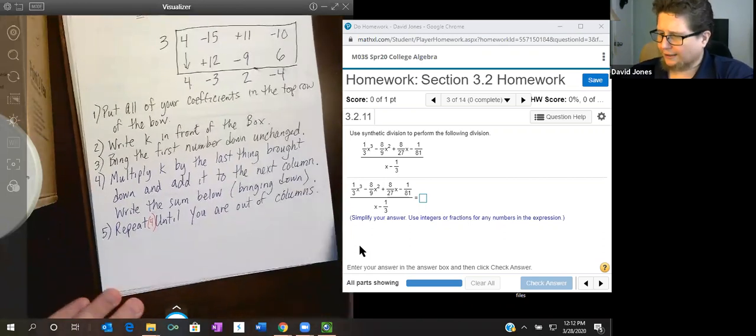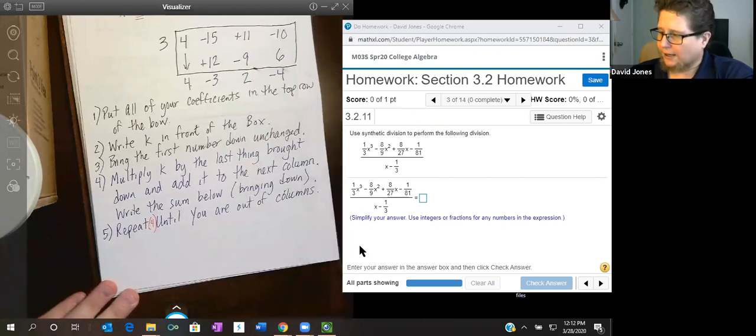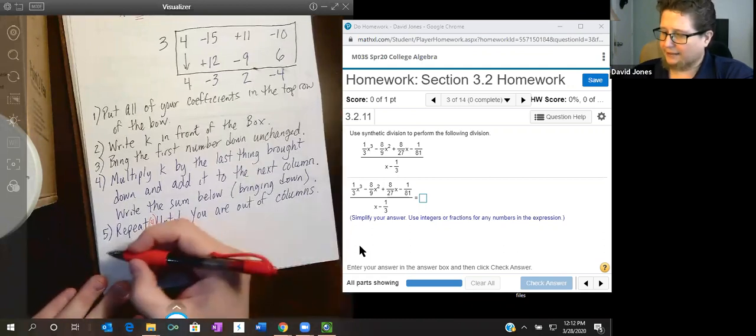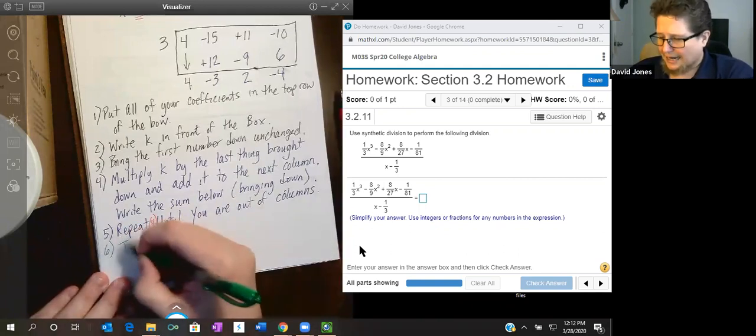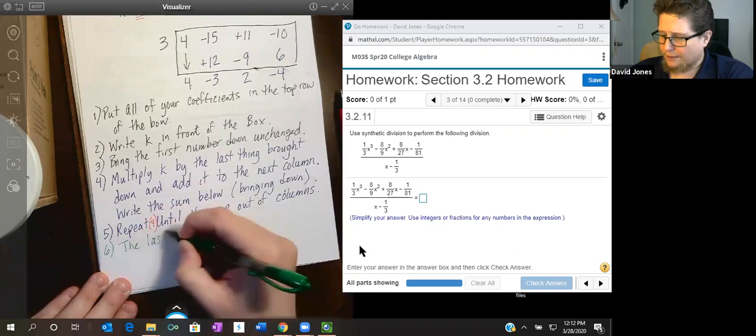Now, if you look at our last answer, this bottom row looks very similar to what we had. What did we have? The last number in the bottom row is the remainder.